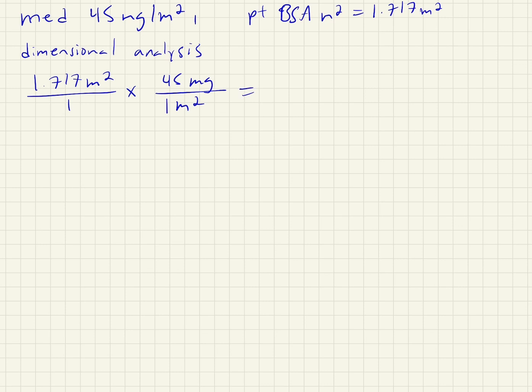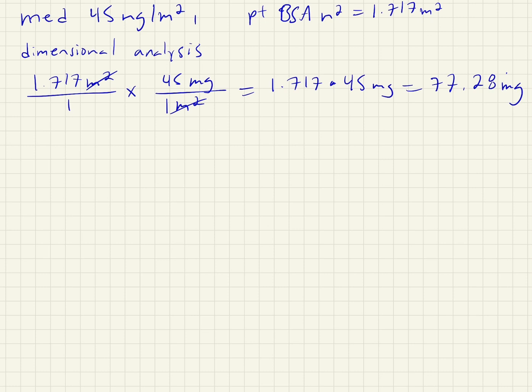If we do this, our meters squared cancel out because there's 1 on top, 1 on bottom, multiply across, and 1.717 times 45 milligrams, multiply all that together, and you get 77.28 milligrams.